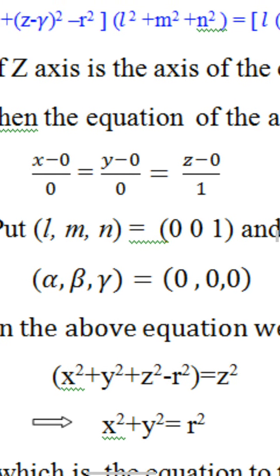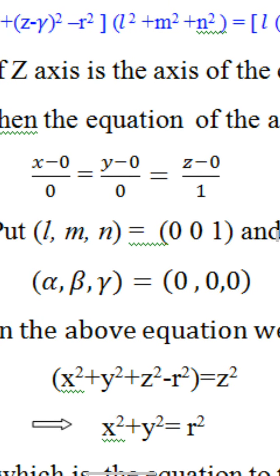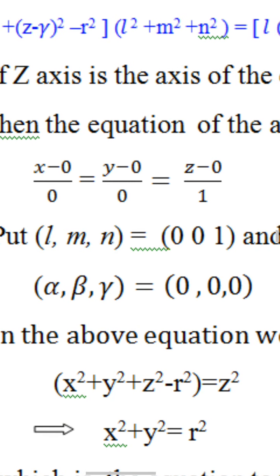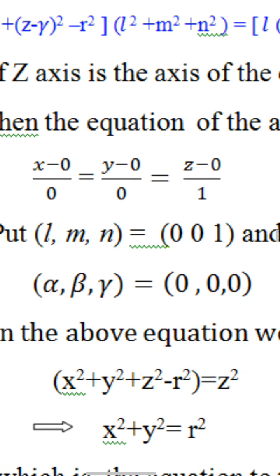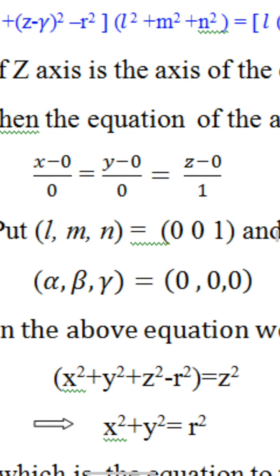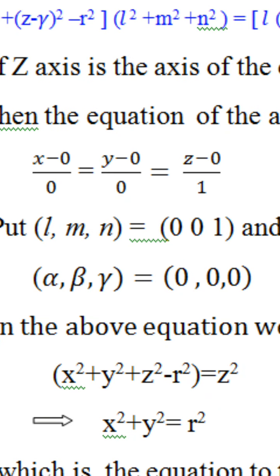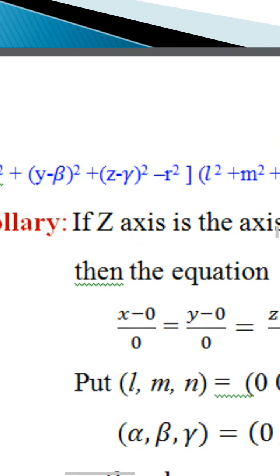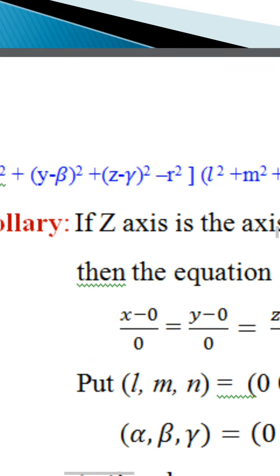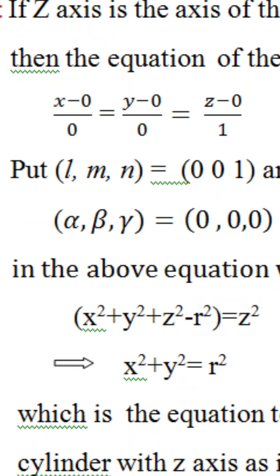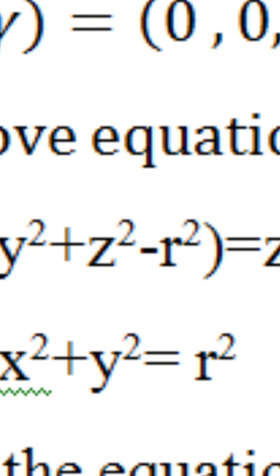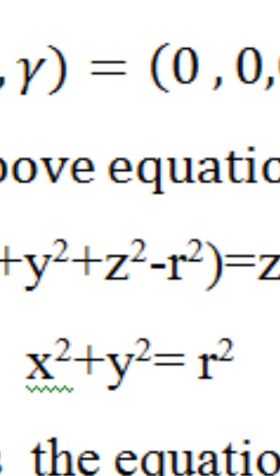So l, m, n are 0, 0, 1, and alpha, beta, gamma is any point on the axis. Here the known point of the z-axis is 0, 0, 0, that is the origin. Now the radius is r. Simply substitute all these values in the equation of the right circular cylinder. Then you will get x square plus y square is equal to r square, which is the equation of the right circular cylinder with the z-axis as the axis.